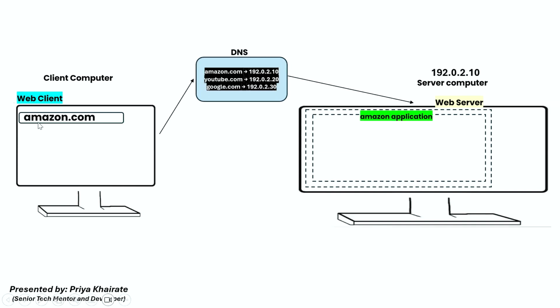So when we request Amazon.com and hit enter, the request will go to the same system in which the Amazon application is running. How? Because of DNS. DNS will tell us that Amazon.com is running inside the computer which has this IP address. So the request will go there, to the nearest server, guys. Okay?